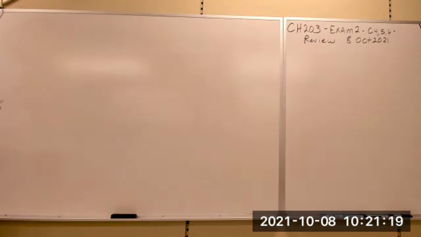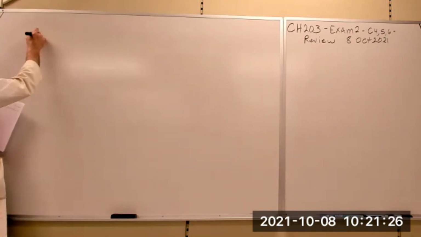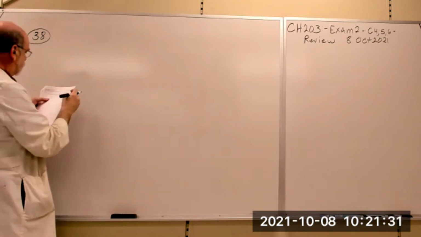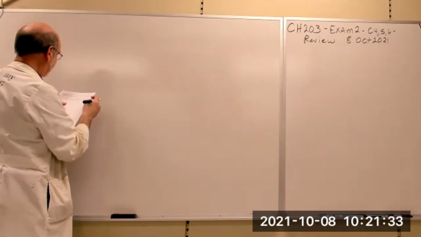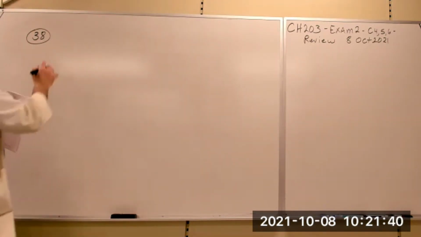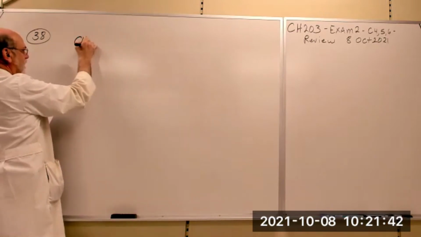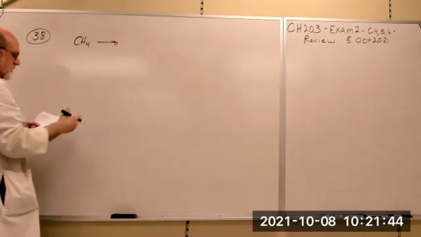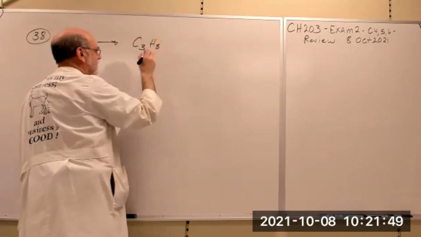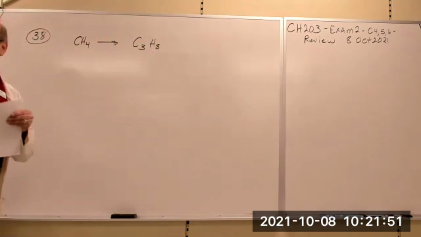Oh, we haven't balanced any equations yet, have we? That's part of this whole operation, isn't it? Let's try this one. All right, we've got methane, and in some kind of reaction, it produces C3H8, which is propane.